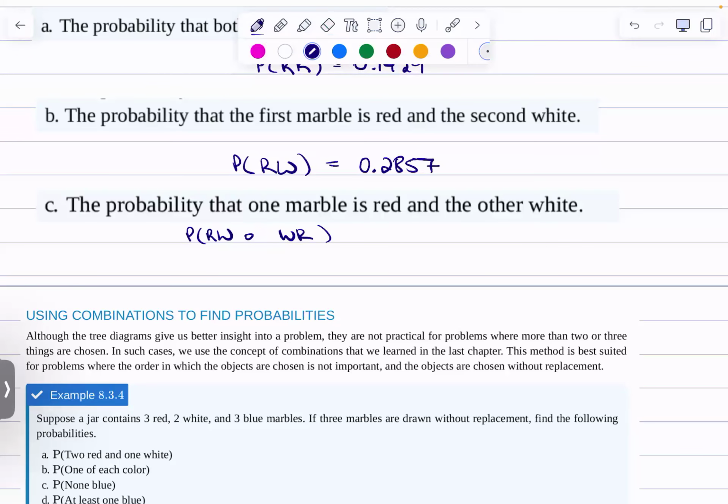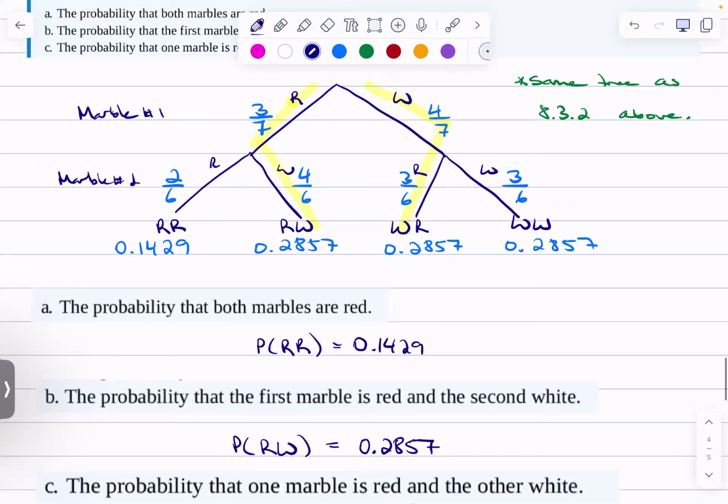If you replace the or with the union, that's the same as the probability of RW plus the probability of WR, right? And so that's where we get this idea that, okay, if you are saying or in between, then you add the branches that apply.